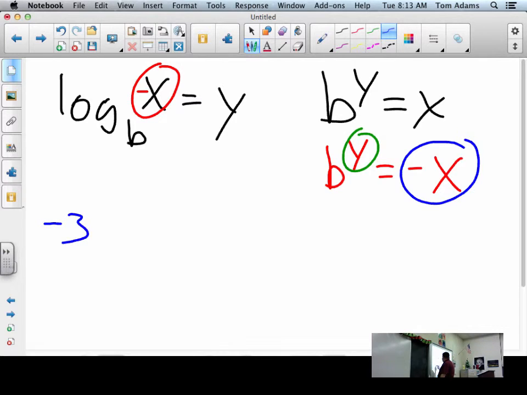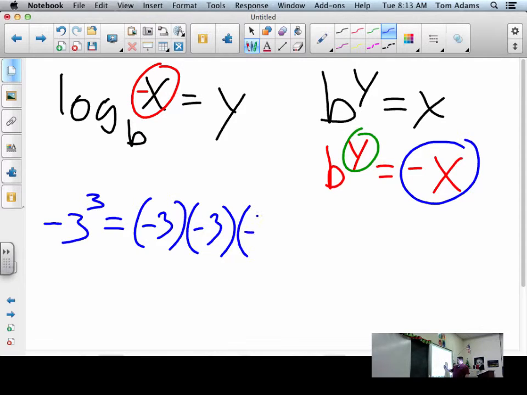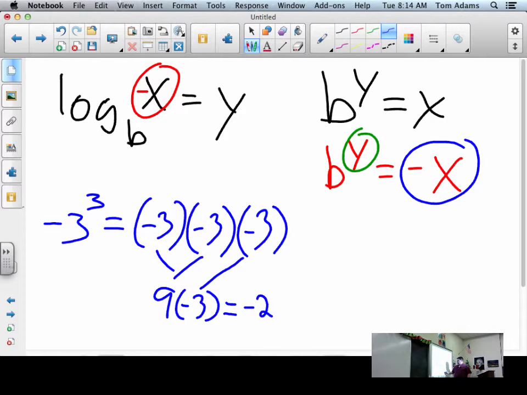If I say negative 3 to the third power, I would get negative 3 times negative 3 times negative 3. Now, negative 3 times negative 3 is a positive 9. When I bring the negative 3 down, I get negative 27. In other words, negative 3 raised to the 3 equals negative 27.